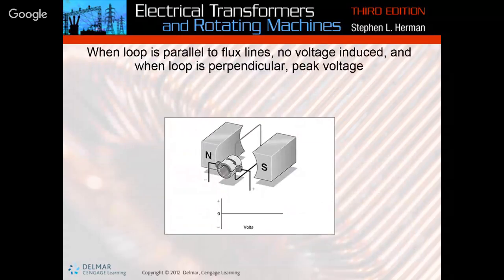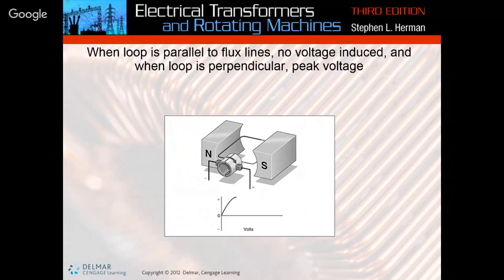When the loop is parallel to the flux lines, there's no peak voltage induced, and when the loop is perpendicular, we're at peak voltage. We've got a couple of slides here in a row that are going to walk us through how this generates the voltage. This is a DC voltage that we're trying to get out of here. We're at 0 right there. Then we've come down to this point.